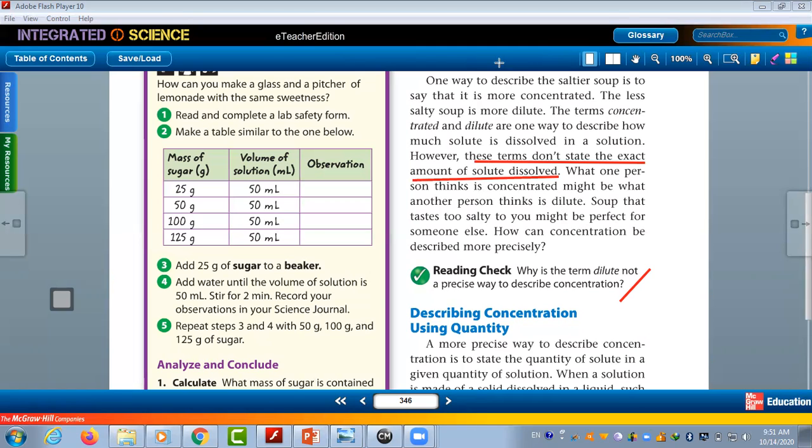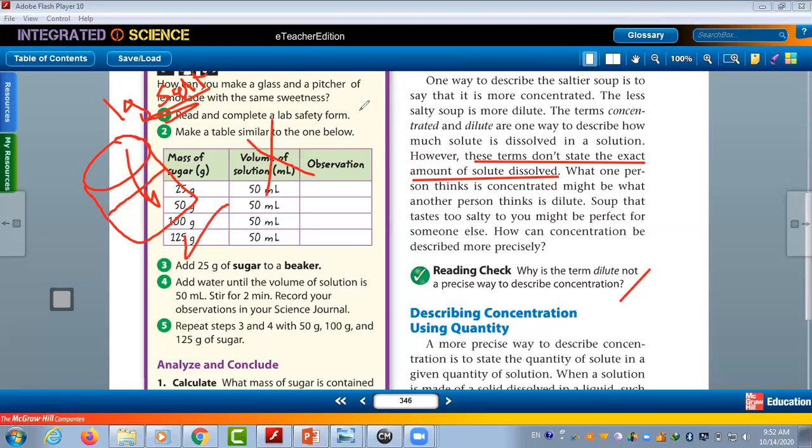For example, most of us like soup, right? Your mother may bring soup with meat or chicken, so you ask for a bowl of soup. Maybe you prefer 1 gram of salt. When you taste it, it feels good for you. But the same soup, your brother says, no, it's too salty.